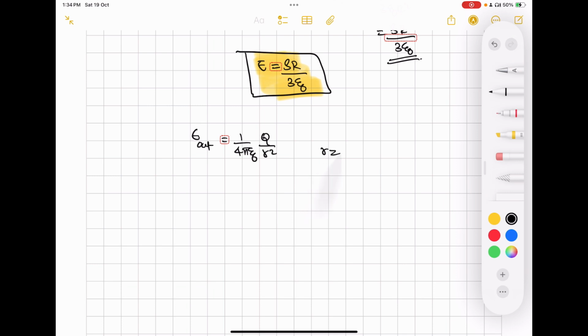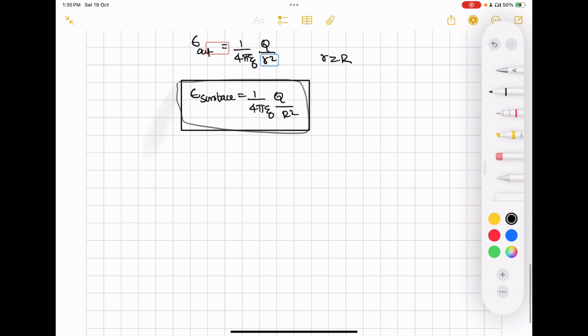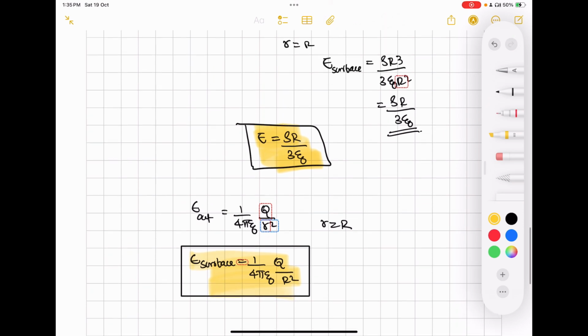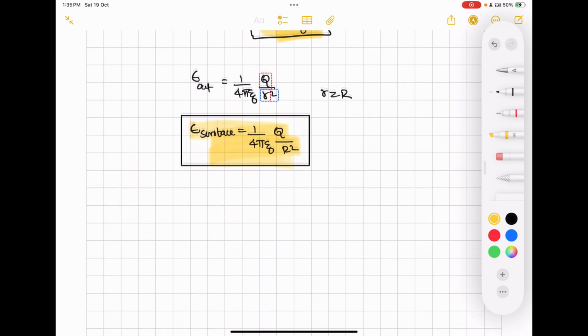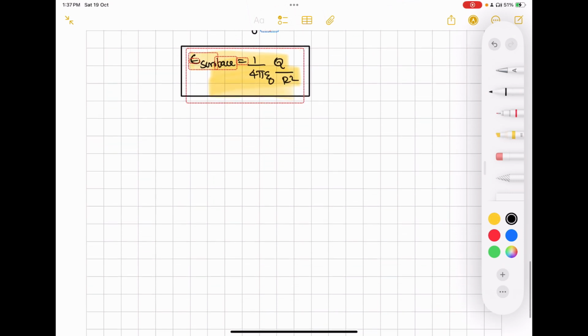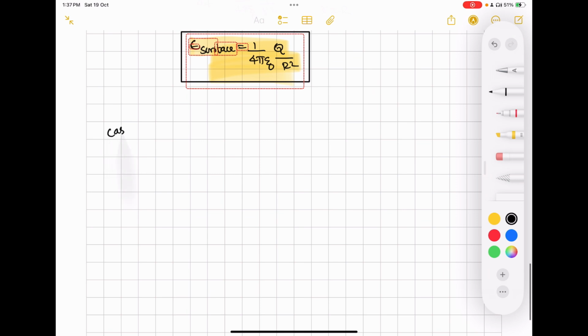We will substitute r equal to R. We will get E surface, that is equal to 1 by 4 pi epsilon 0 q by capital R square. So this is the electric field at the surface of the non-conducting sphere. Now we can move on to electric field inside the sphere.